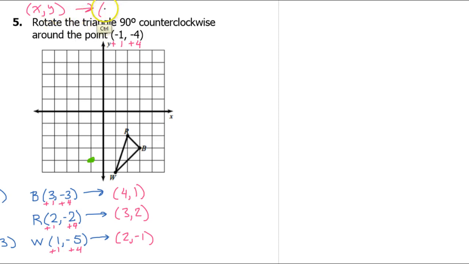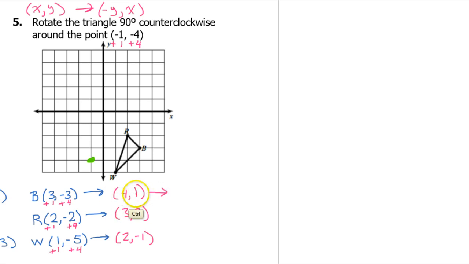So the y value is going to come first, and it's going to become a negative y. It's going to change signs. The x value is going to go second, and it's going to stay the same. When you go counterclockwise, the x value stays the same. If you go 90 degrees clockwise, the y value stays the same. Okay, so that's what I'm going to do right now.